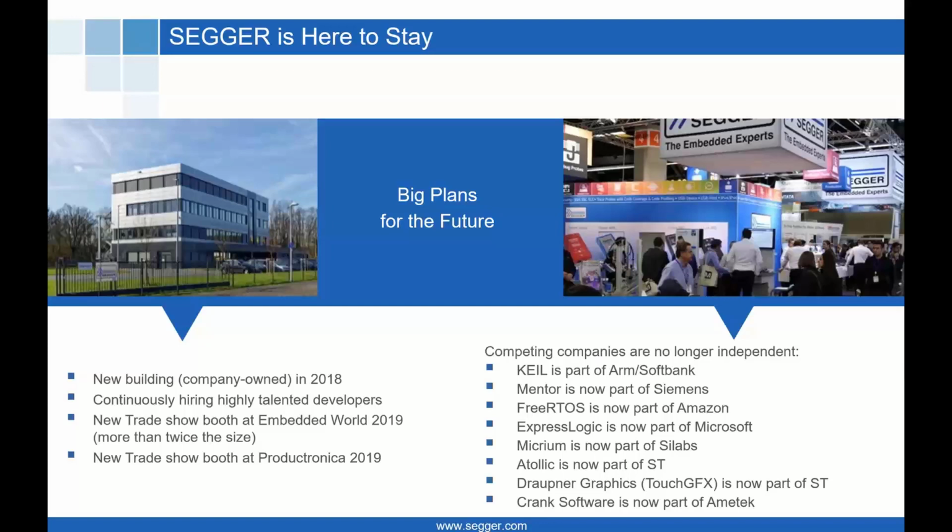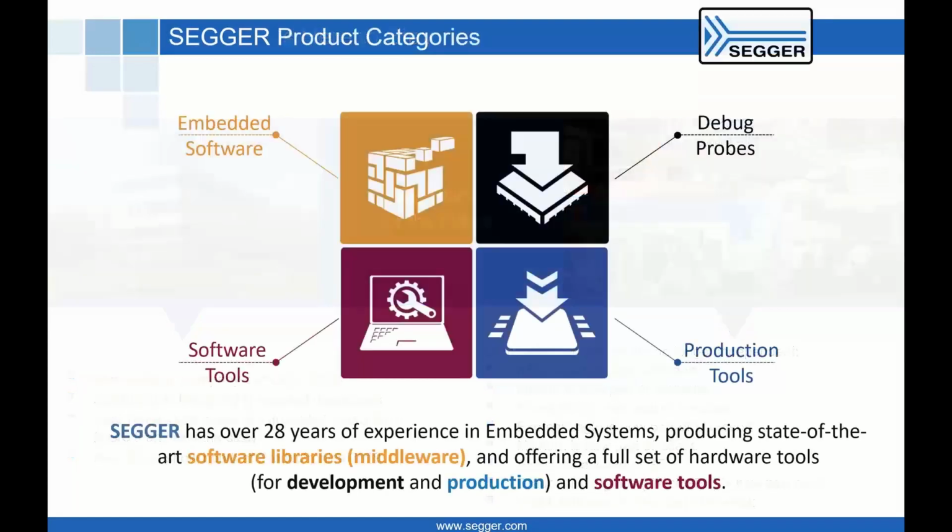This slide shows that SEGGER is here to stay and stay independent. We're not planning on being acquired anytime soon. We just built a brand new building in 2018. Those are the headquarters in Düsseldorf, and we're continuously growing, and we're in here for the long haul.